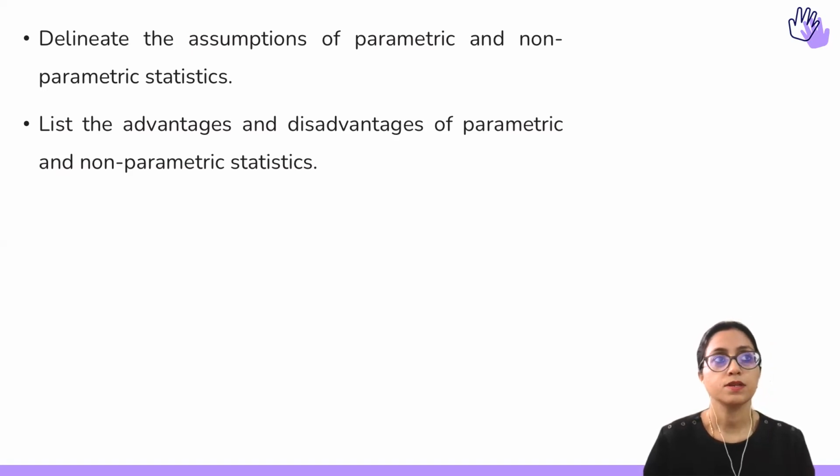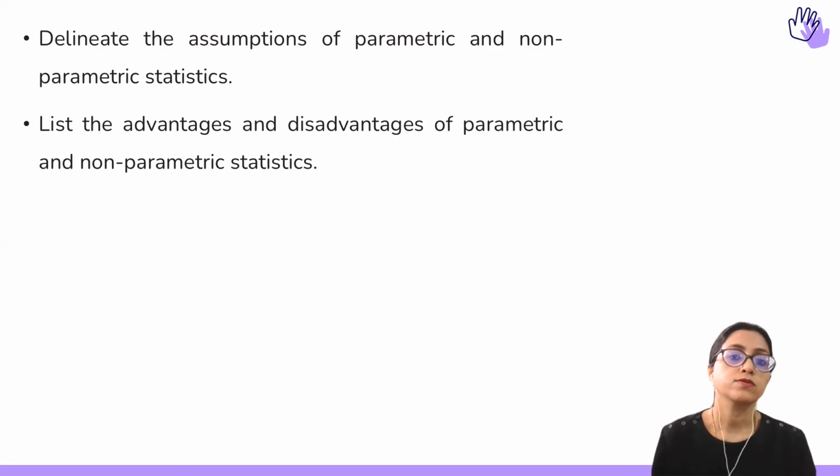This unit is basically more of a theoretical unit. In this unit, you will study the introduction to parametric and non-parametric statistics: the definitions, the differences between the two, the assumptions of the two, and the advantages and disadvantages of each.